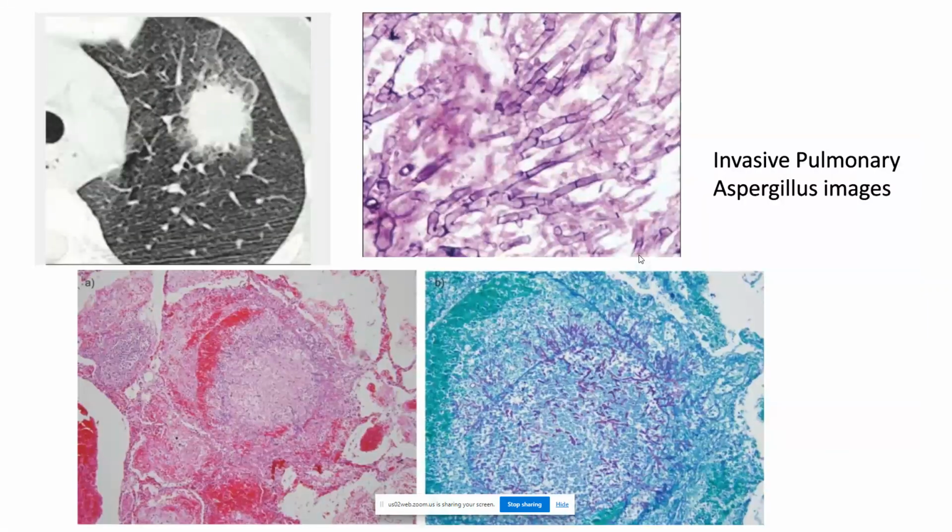Here's some more pictures, because pictures show up on boards. This is, again, a halo sign around the lesion on a CT scan. This is my favorite image for aspergillosis, because this is really good. Acute angles, and you can see these little branches in between. This is classic for invasive. And then these two below, these path slides, show the hemorrhage as well as the fungus invading into surrounding tissues, where it gets its name, invasive.